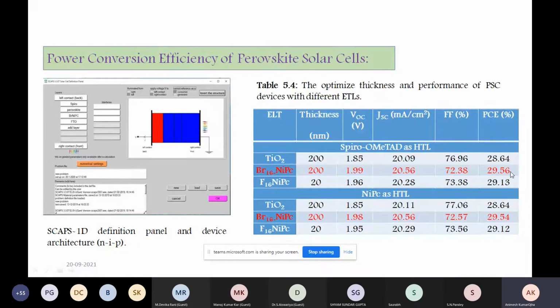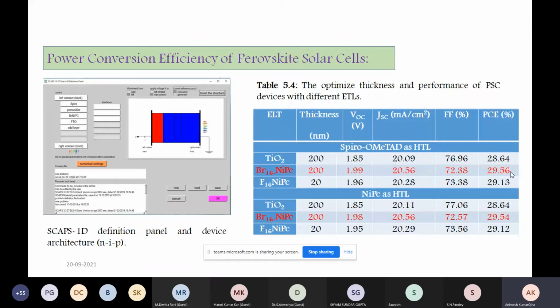Although I agree that this increase is very small because the efficiency is not improved much, the hydrophobic nature of this particular designed molecule makes this perovskite solar cell more stable compared to the stability one can have by using TiO2 as an electron transport layer.